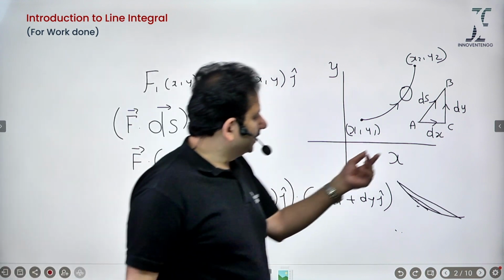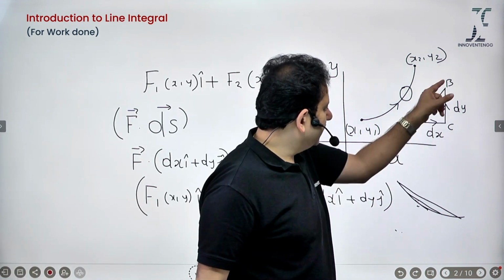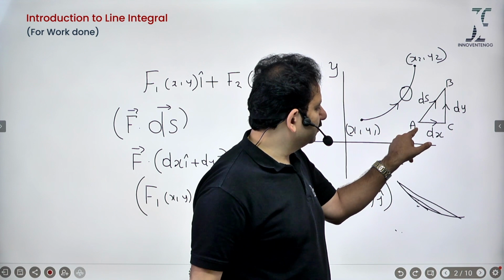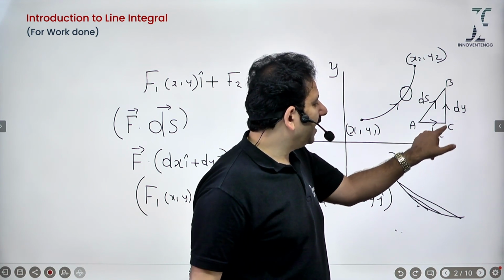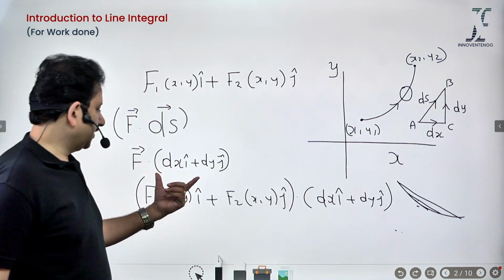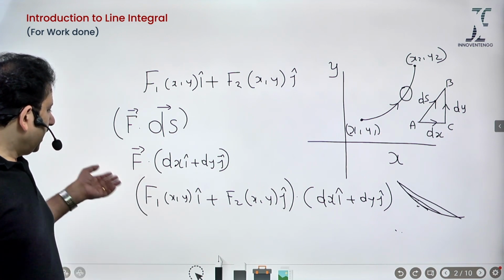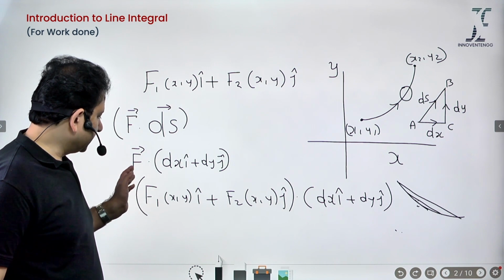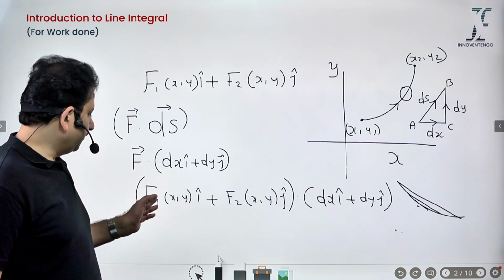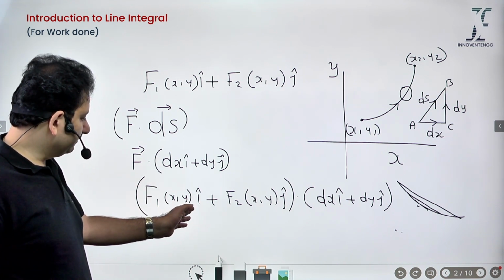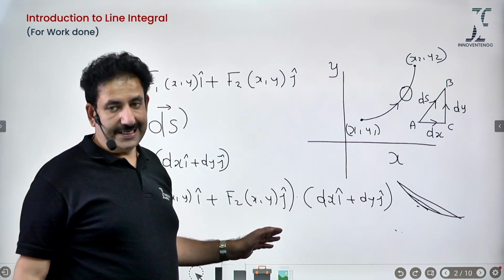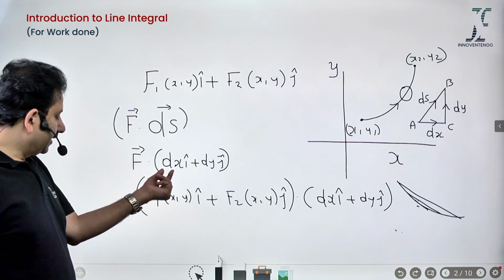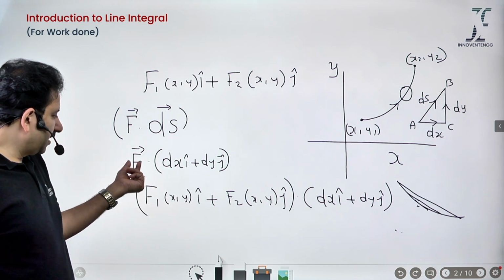But ds, you can see, is the equivalent displacement, which is dx i plus dy j, and that is what we have brought over here. That multiplied by f, that is the dot product with f, will give you f1 and f2, because you are taking the dot product with f.